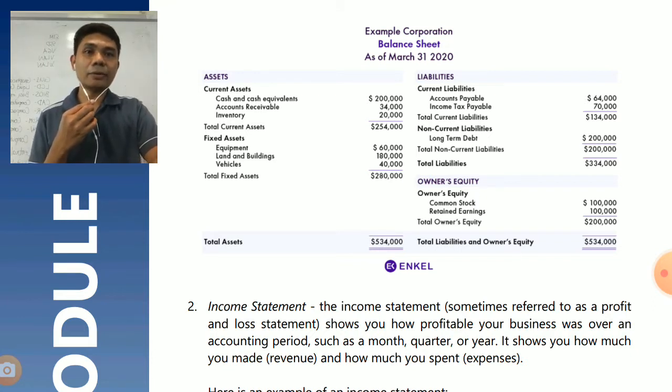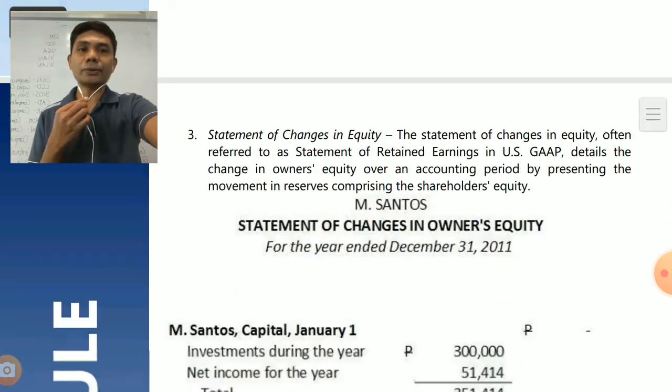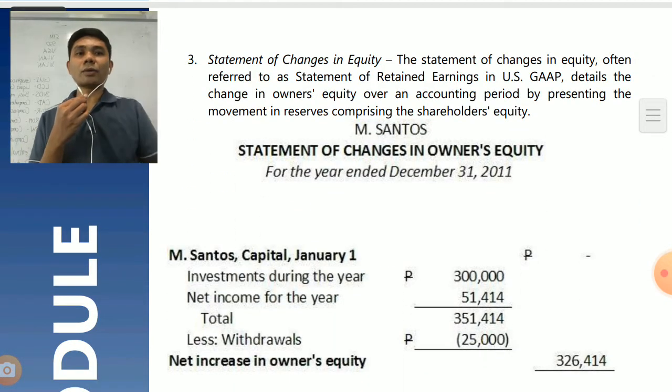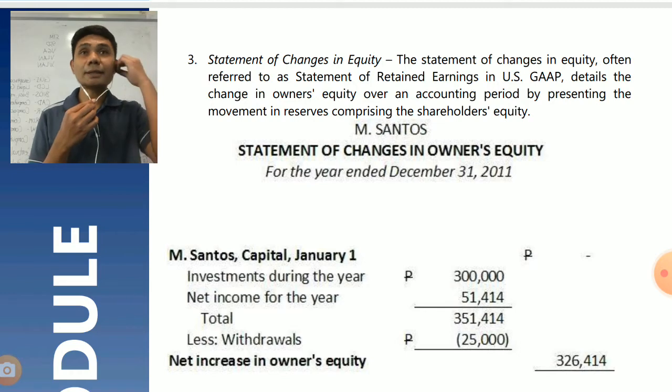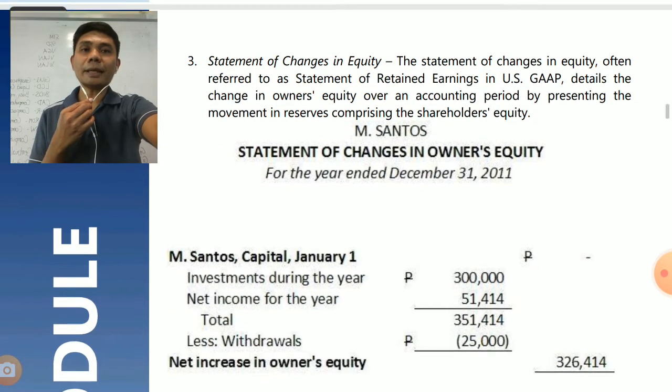Kung dili nimo masunod or ma-observe ang loan terms, no? For example, di nimo mabayaran. So, kuhaon sa nagpautang kato imong gitukod nga fixed asset. That is mortgage. Another financial statement is the statement of changes in equity.